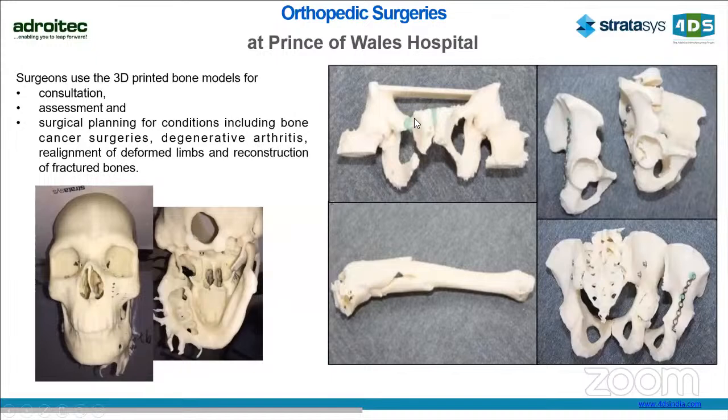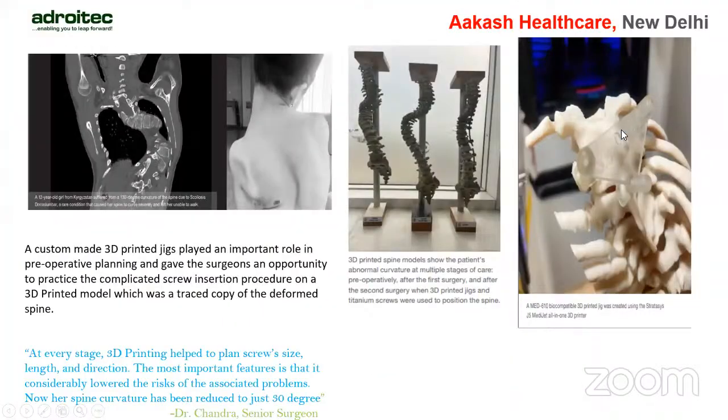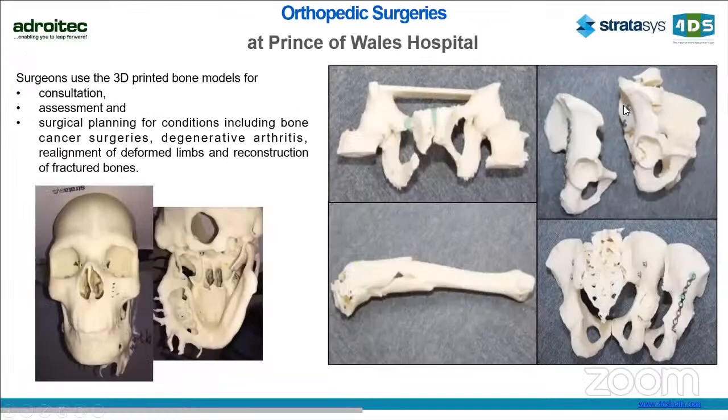After they do all the printing, they do all the testing how to attach these bones. You can see over here, these two bones are attached through some metal 3D printed parts. You can see the screws over here, where to attach the screws, where to drill the holes. They will do all the planning on these 3D printed phantom models.